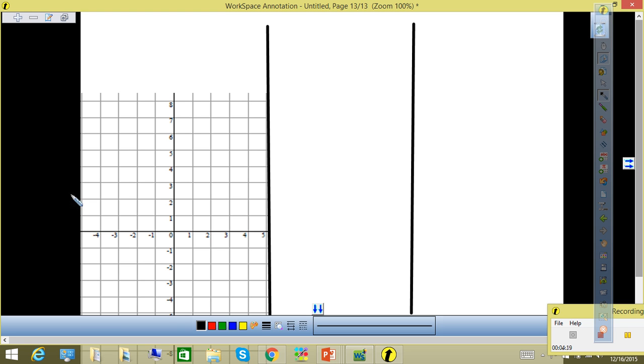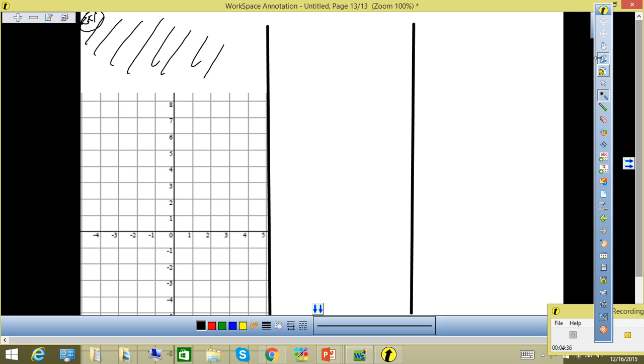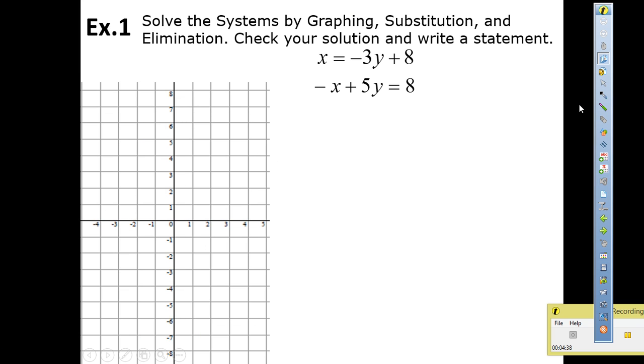Okay. So you should have a blank on top, right here, of your graph. So on the top left here, you're going to write example 1, and you're going to copy the following problem. And it says, solve the system by graphing, substitution, and elimination. Next, check your solution and write a statement. And this is our system.